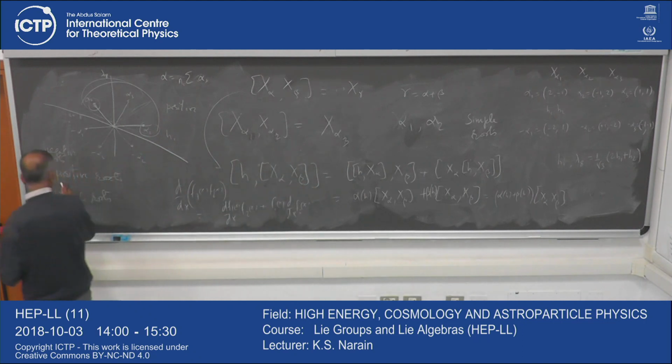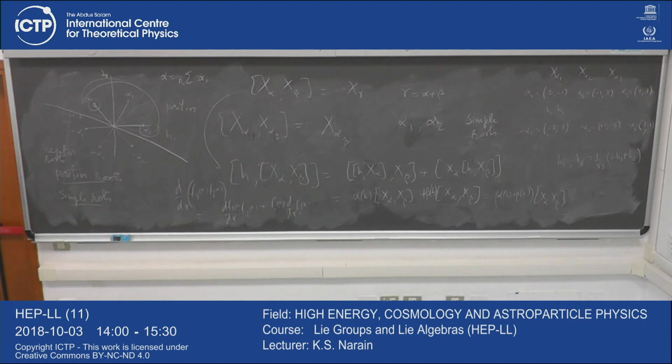Okay, so the simple roots and positive roots. Now a remarkable fact is that the number of simple roots is given by the dimension of the root space. In the SU3 case, as you see, there are only two. For a given choice of positive roots, there are only two simple roots.